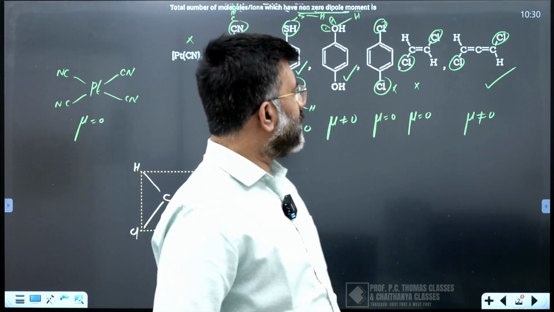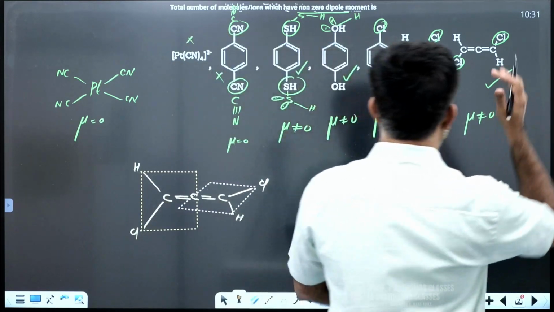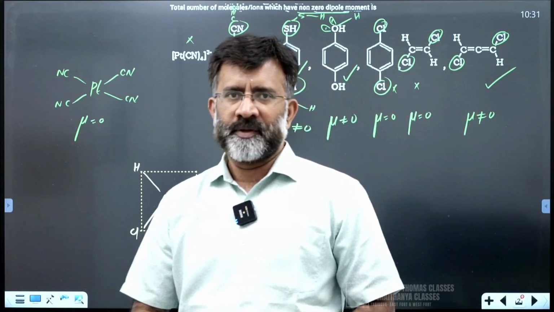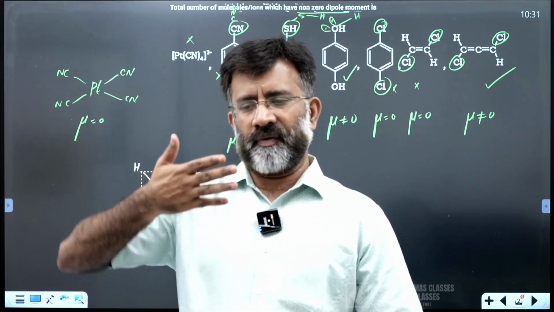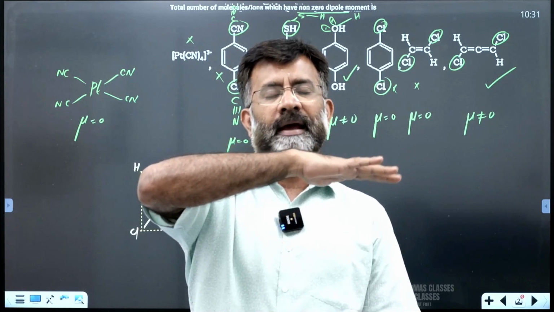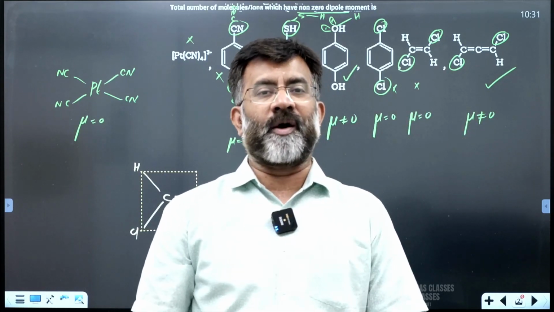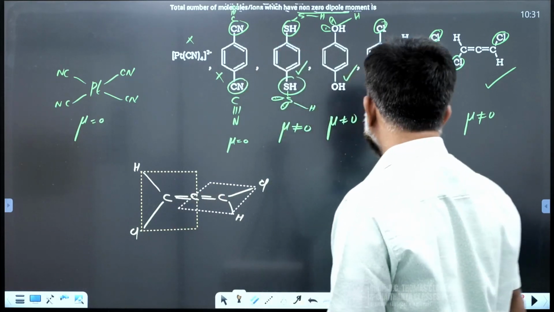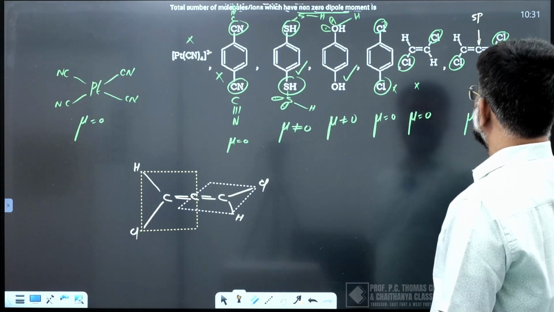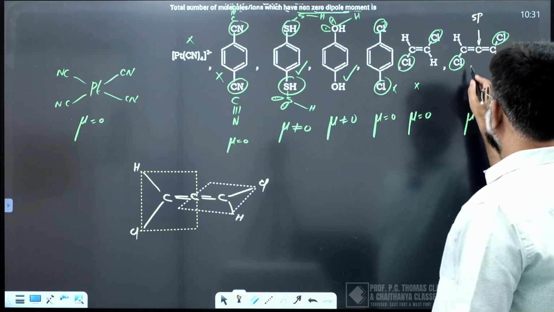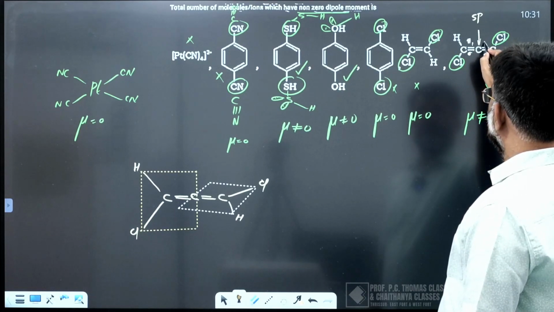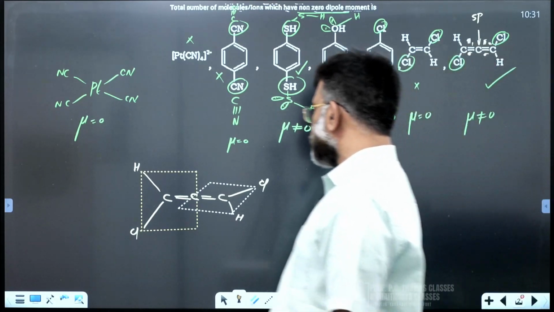Right? Why so? Because each carbon-carbon multiple bond so formed will change the plane. So if one carbon-carbon double bond is in this plane, the next carbon-carbon double bond will be in the horizontal plane, and the next will be in the vertical plane, and so on. Why? Because this carbon makes sp hybridization, and there you have two sigma bonds. What about the pi bond? This is pi bond 1 and this is pi bond 2.